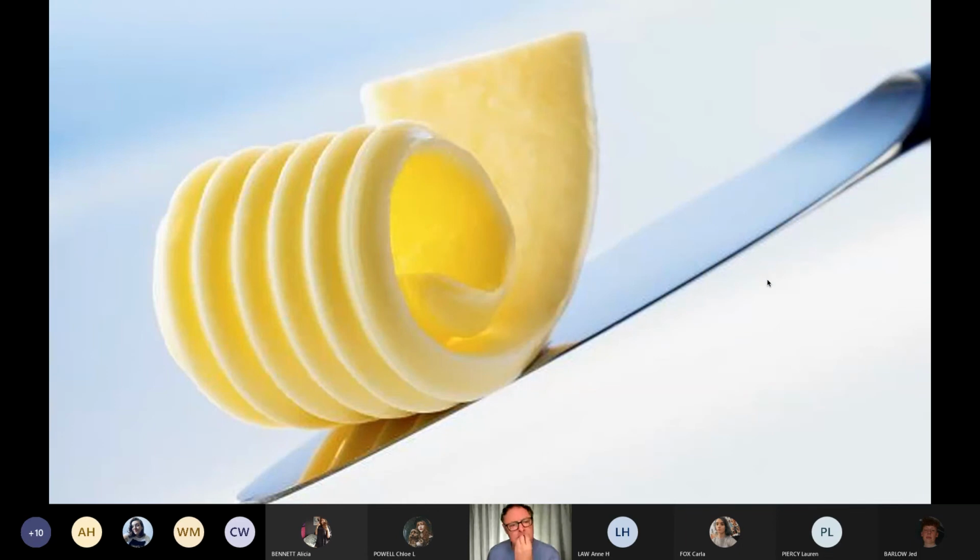And then in really posh restaurants, when they bring you a butter plate, they often produce what you call butter curls. I think it's a special knife that you use to create these butter curls.